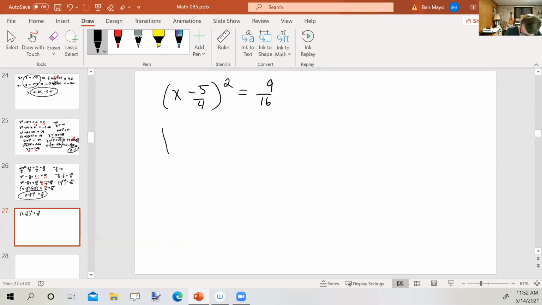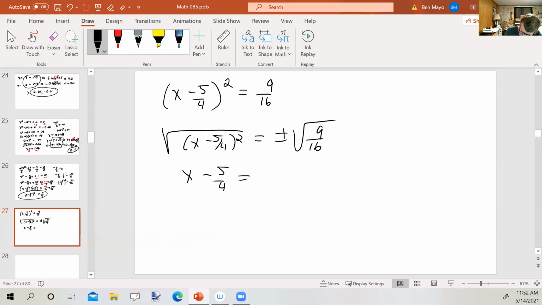I'm going to take the square root of both sides. Don't forget the plus or minus. So I get x minus 5/4 equals plus or minus the square root of 9 is 3, the square root of 16 is 4. Now I'll go ahead and add 5/4 to both sides.